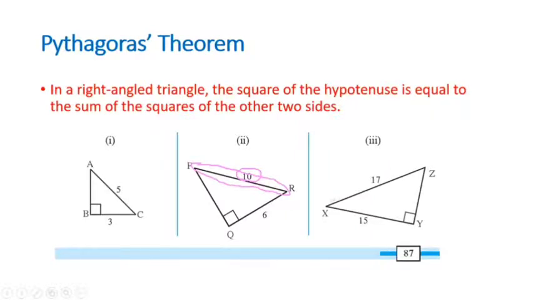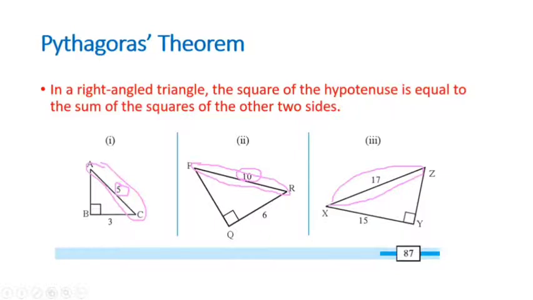Here 17 is the hypotenuse, that is segment XZ, and here segment AC is the hypotenuse with measurement 5. Now what is exactly the hypotenuse or what is the Pythagoras theorem? In a right angled triangle, first of all check whether the given triangles are right angled.